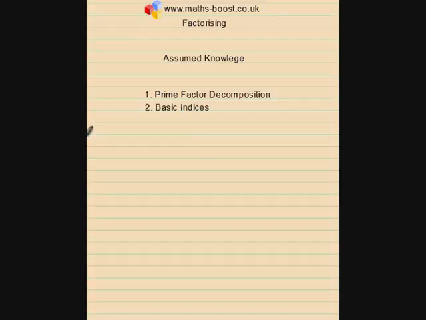The other thing you need to know is basic indices. I'm not talking at this point about the rules of indices, but you need to certainly know that, for instance, x squared is really the same as x times x, or for instance xy cubed is the same as x times y times y times y.